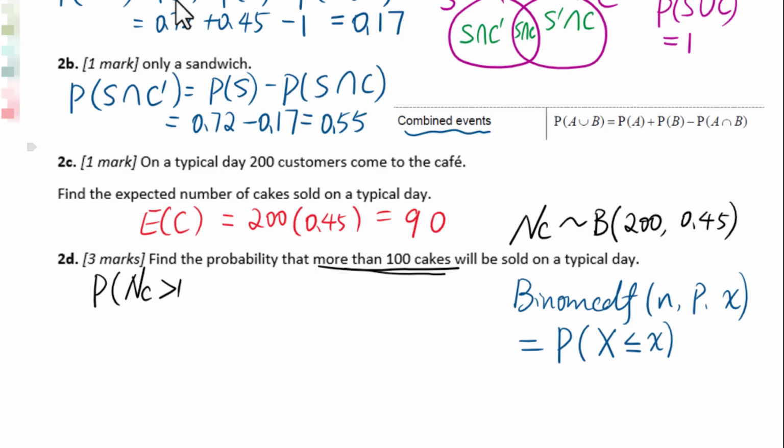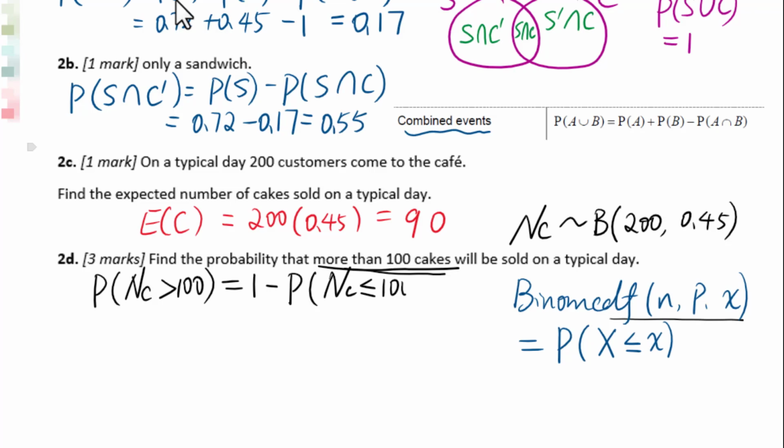We have to use binomial CDF, but the binomial CDF gives the probability of X less than or equal to a value. So we change this into 1 minus the probability of the number of cakes sold less than or equal to 100.